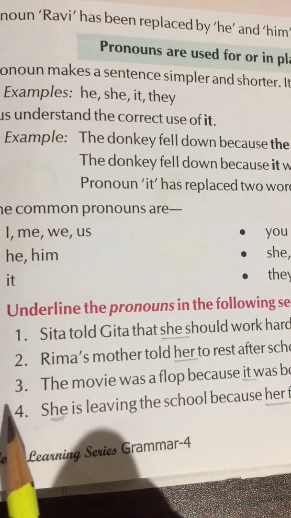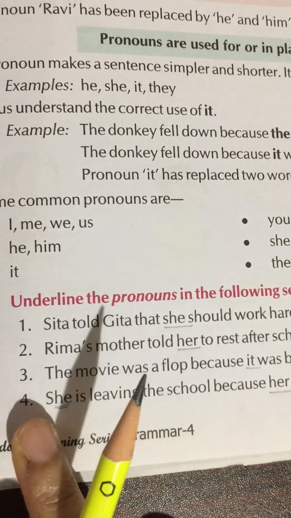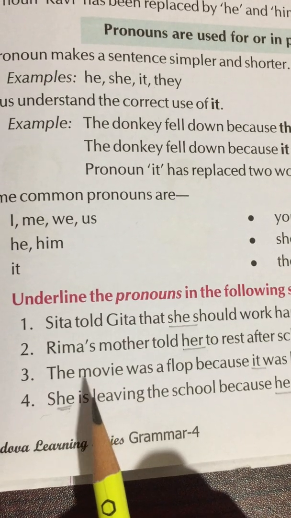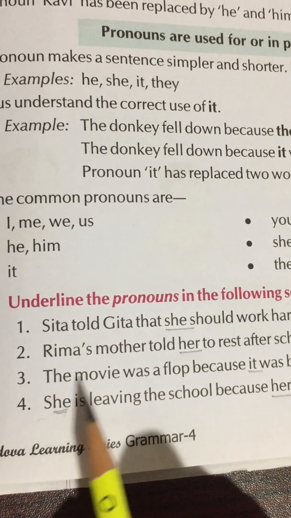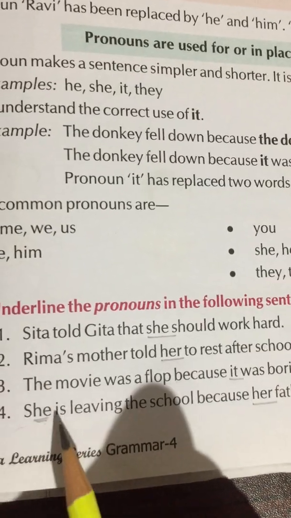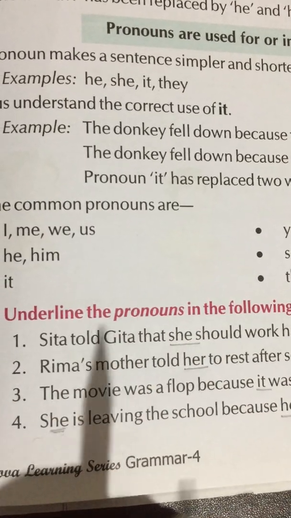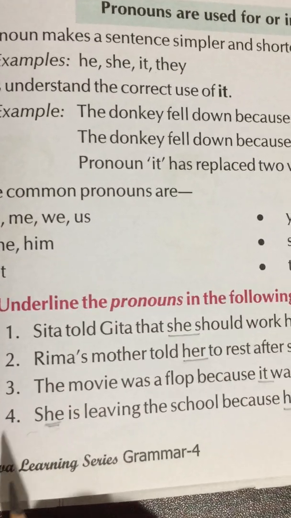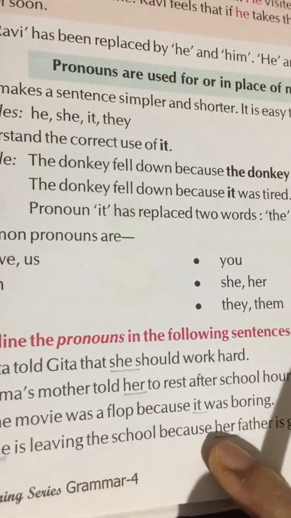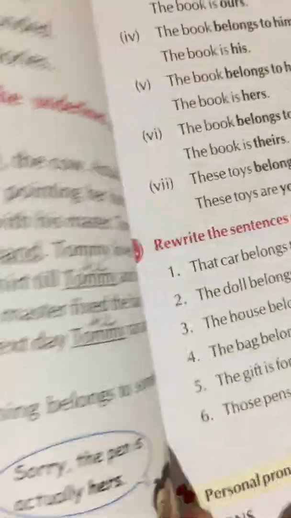Now if I add just one line in front of this line, Reena has taken TC, and then after that I write this line, she is leaving the school. What will be the pronoun then? She will be the pronoun. Instead of which word? Which name? Reena. Okay, so for now we just understand that her is a pronoun here. So underline her. Okay, now come to the next page.